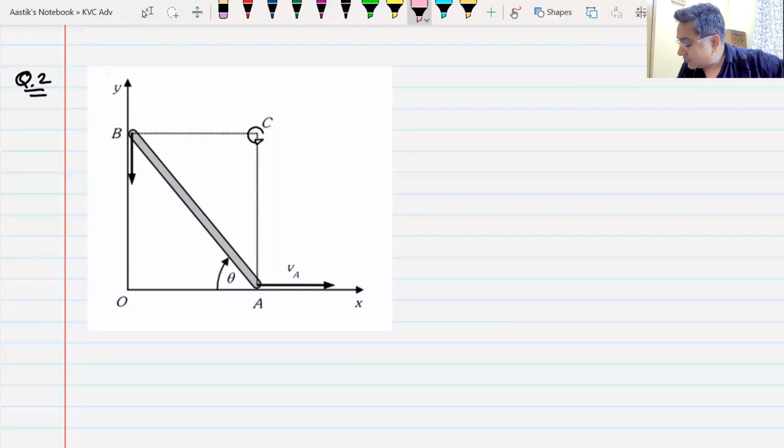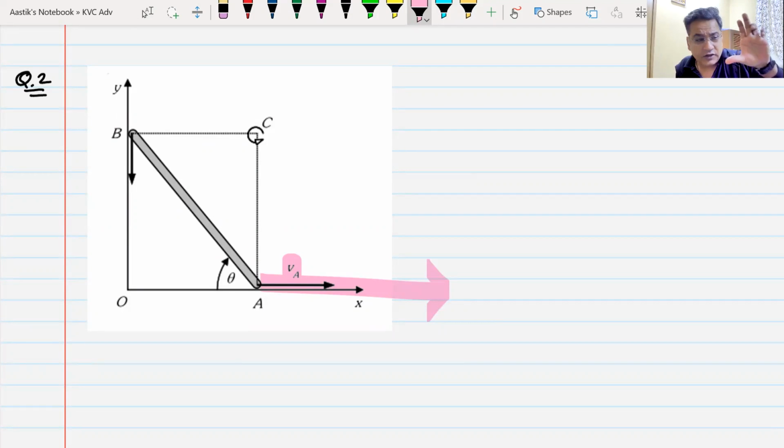Here, the velocity of the end A is given to you. The velocity of end A is like this, given as VA, or you can simply call it V. Now, if this end goes like this, what will be the velocity of the top end? Will it go down or will it go up? Down. It cannot go up, because it is a rigid rod. It has to go down.